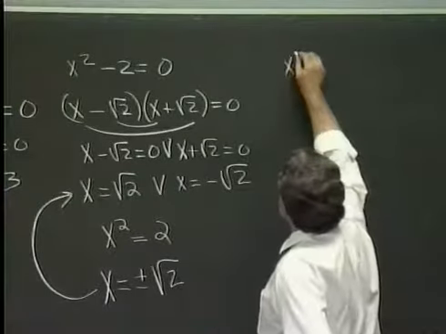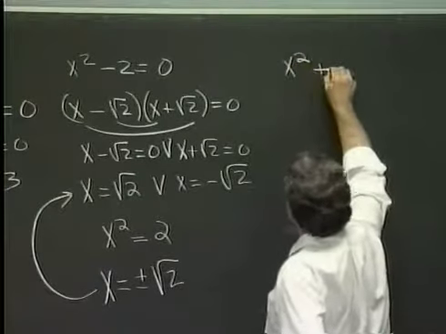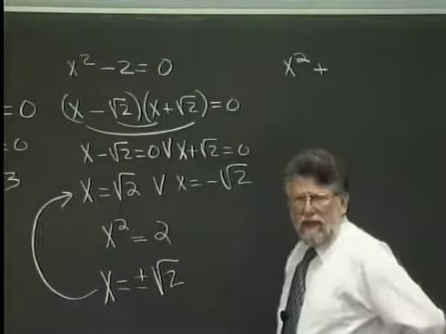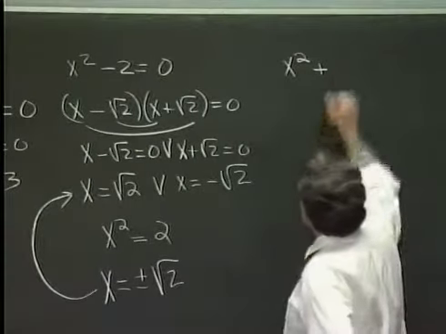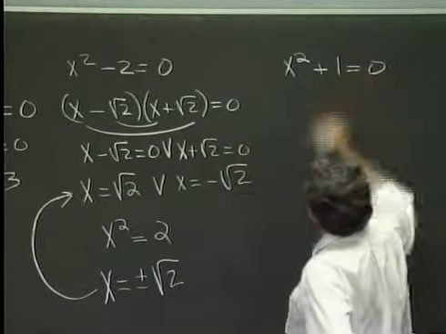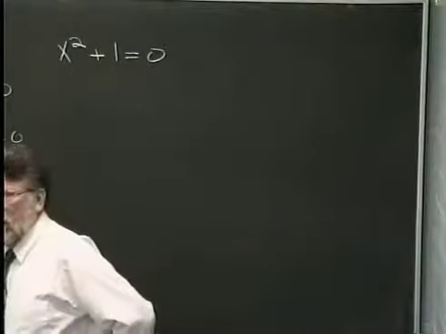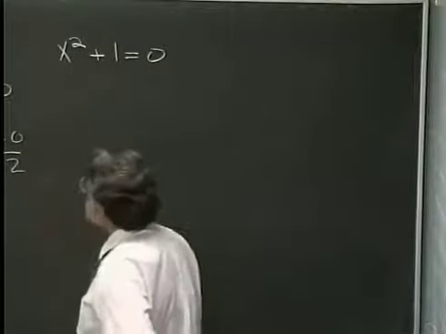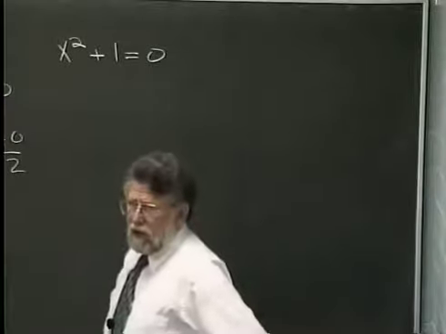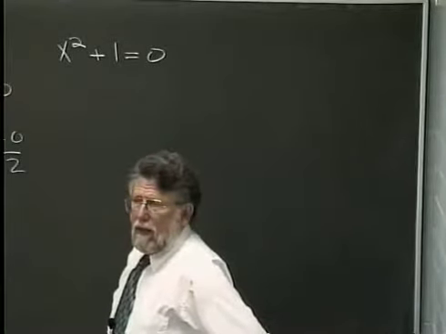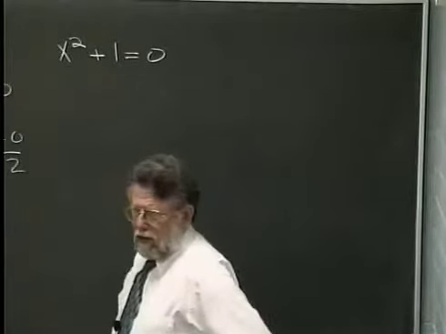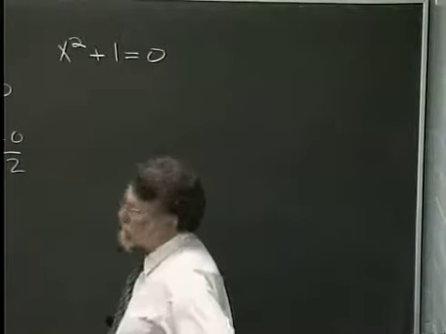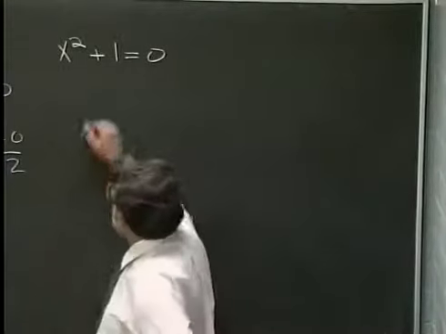This brings up the question of what happens if instead of having a negative, I have a positive. And we've talked about this before. The idea in this case is that I want two solutions. Well, factoring this in the usual sense of the word doesn't seem to lend itself to very much.